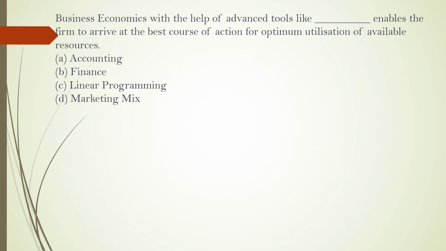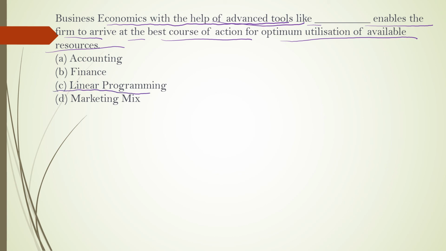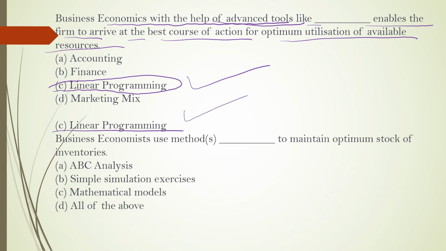Business economics, with the help of advanced tools like dash, enables the firm to arrive at the best course of action for optimum utilization of available resources. The advanced tool, derived from mathematics, is linear programming, where you discuss the feasible area, which helps you make optimum utilization of resources.